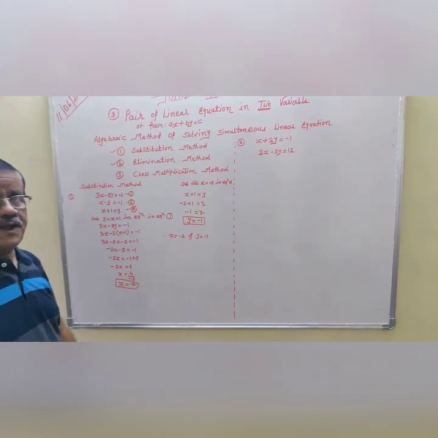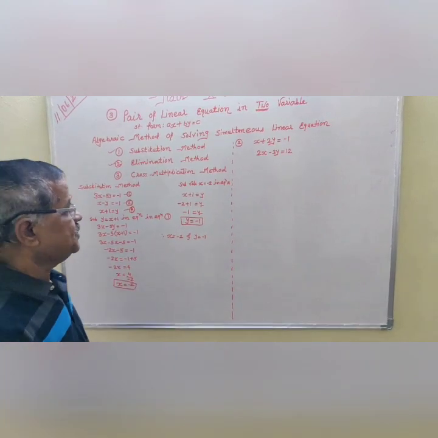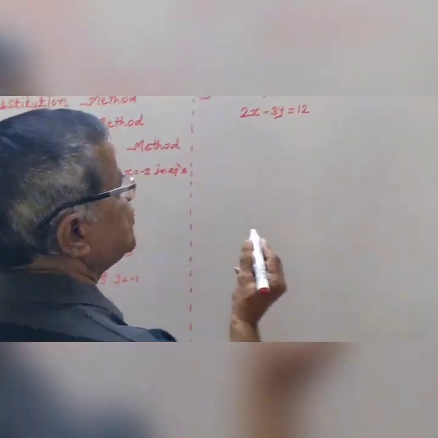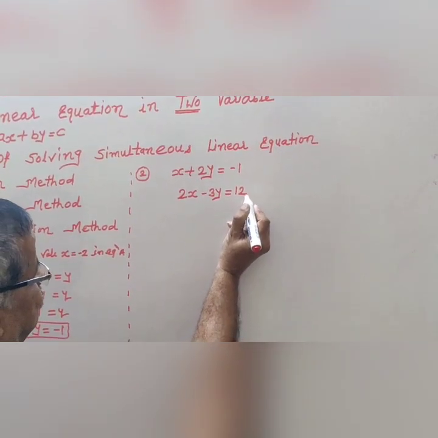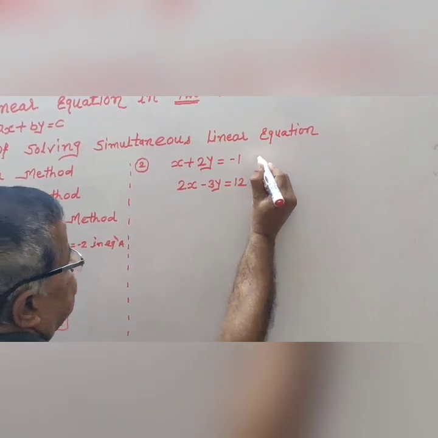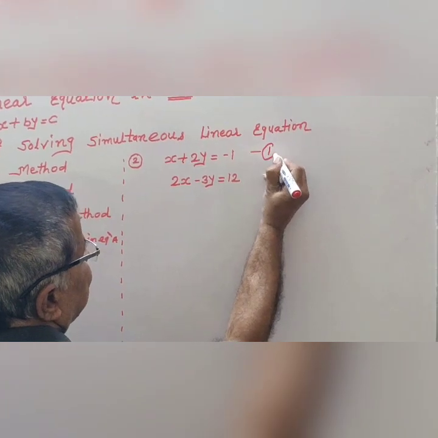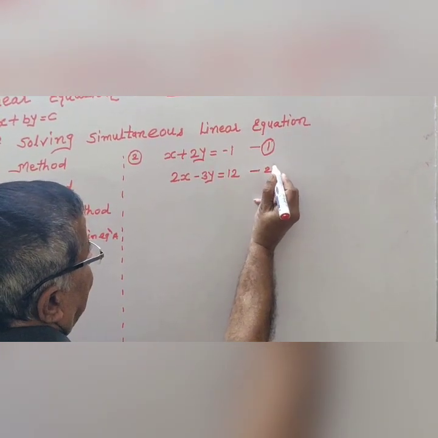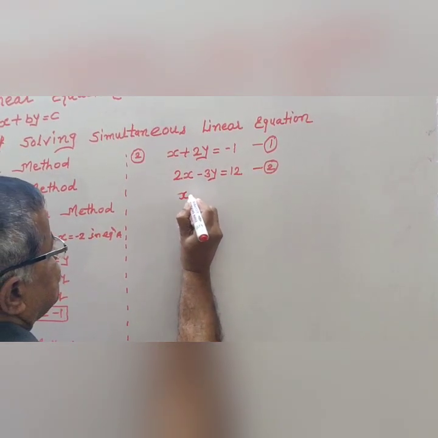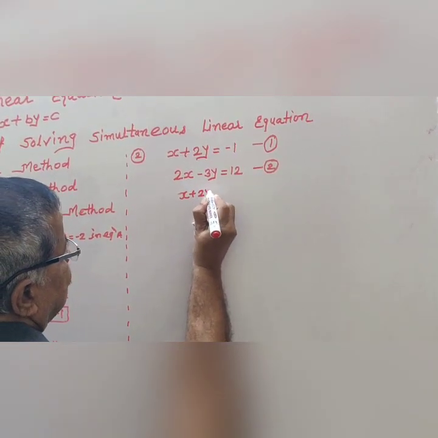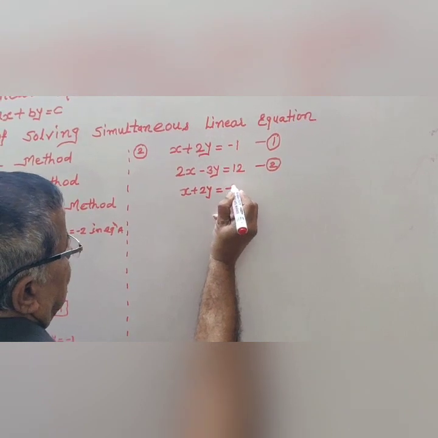Now we are going to the second problem, which is given as x plus 2y is equal to minus 1 and 2x minus 3y is equal to 12. Out of these two equations, my first equation is very simple. So I can convert this equation, x plus 2y is equal to minus 1.